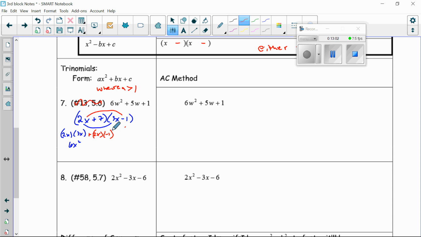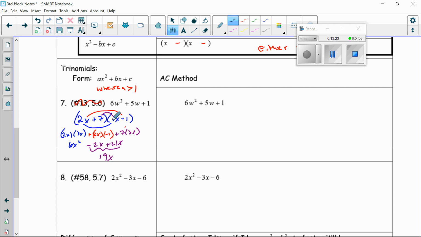Those outside numbers working together here for an x term or a linear term in the middle. Same here, the 7 times the 3x will give me another x term. I'm going to end up with minus 2x and plus 21x. That will then combine together to give me 19x's.